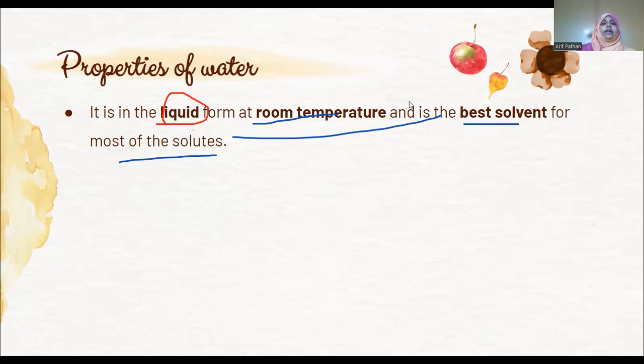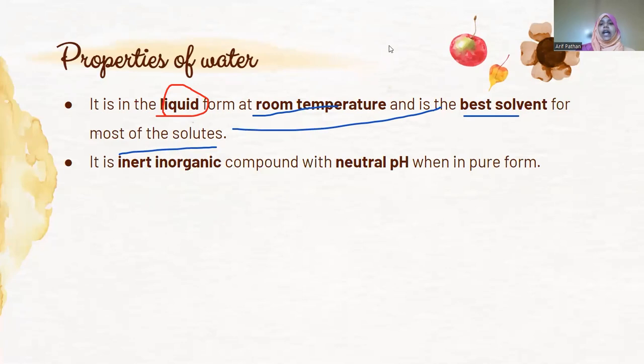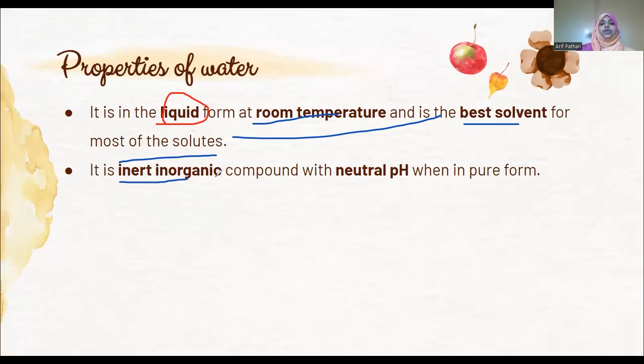Then, it is an inert, inorganic compound. Usually it does not react readily with any other element or compound. So inert, yes, inert. You might be knowing this from the periodic table, inert gas elements. Inorganic means what?